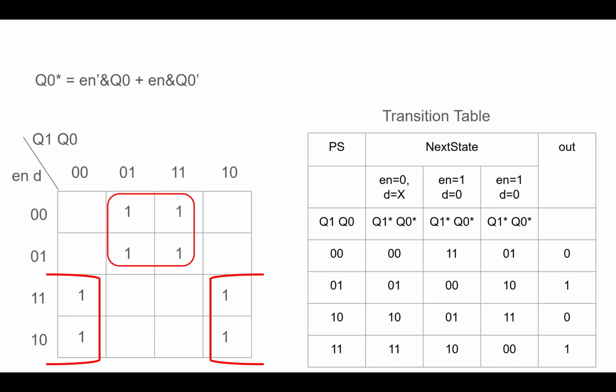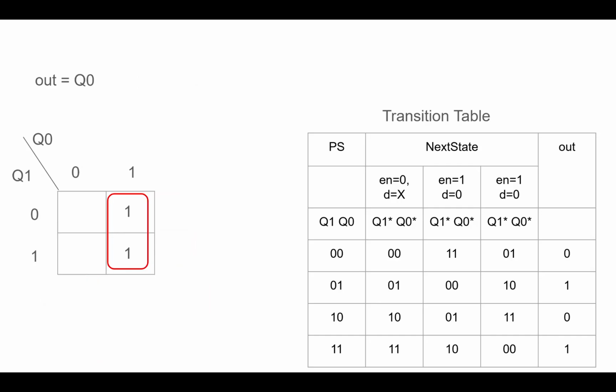We repeat the process, mapping the minterms for our Q0 star output to our K-map and minimizing, resulting in our equation for Q0 star. Finally, we'll create our output equation. Knowing all our equations, we're able to develop our implementation. Let's look at what that would look like.